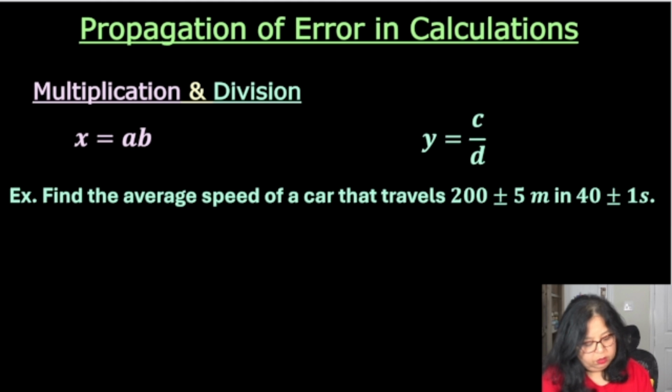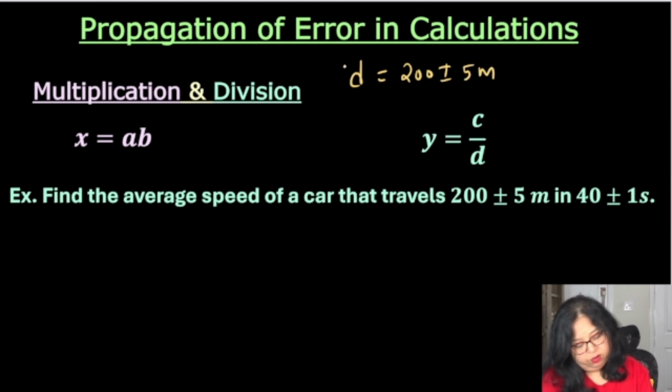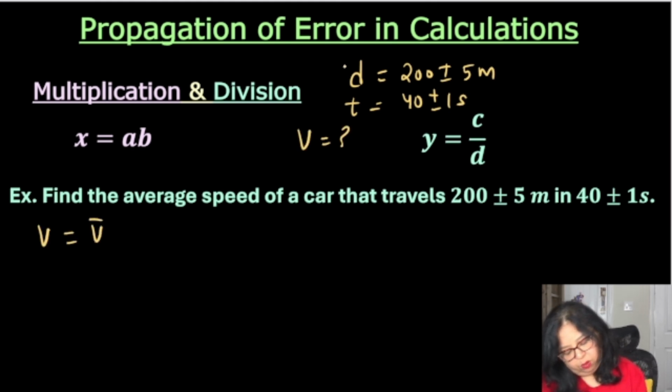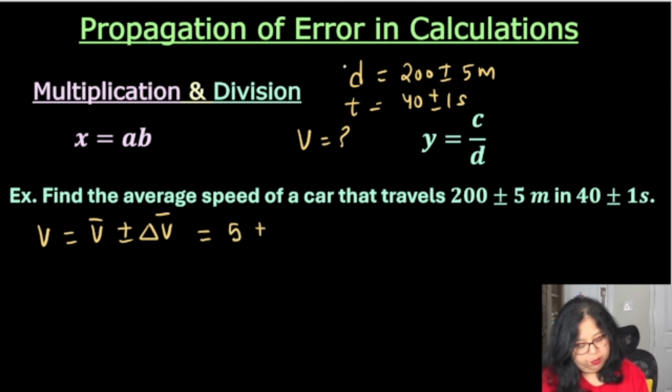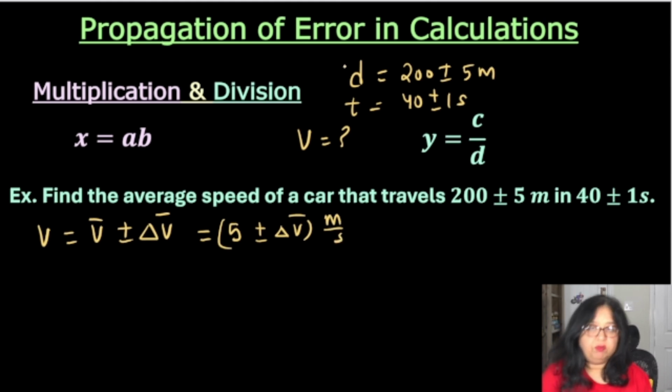Find the speed. Okay, so the speed will be v bar plus minus delta v bar. V bar is easy. 200 divided by 40 is 5, plus minus this delta v bar that we need to find.